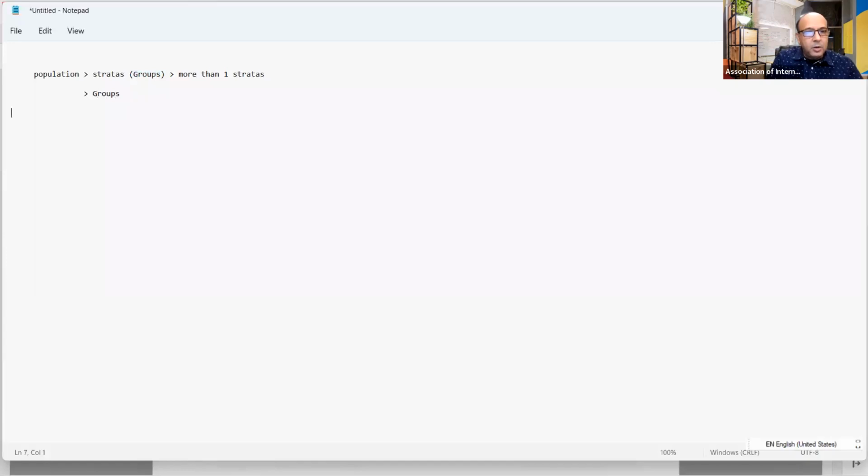Or the strata may not have groups, but may have, from the population, different stratas that can be randomized, and groups can be randomized also.